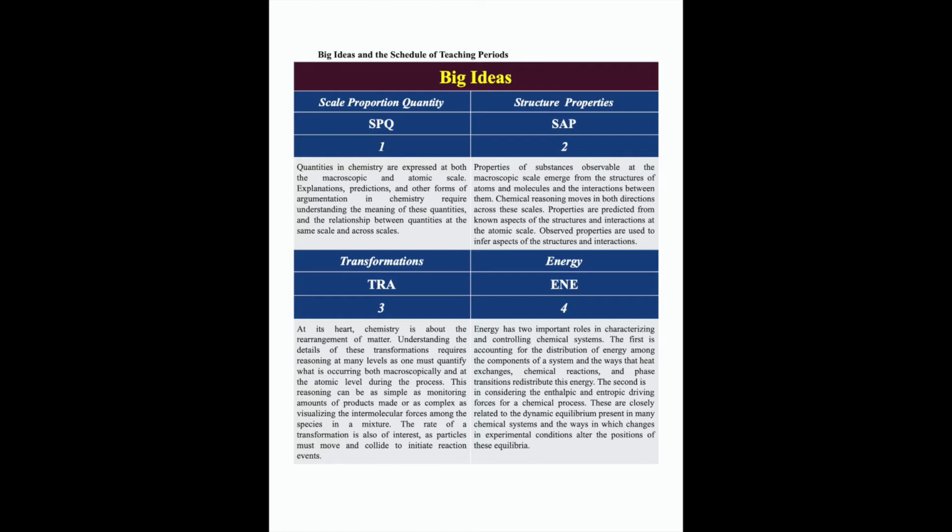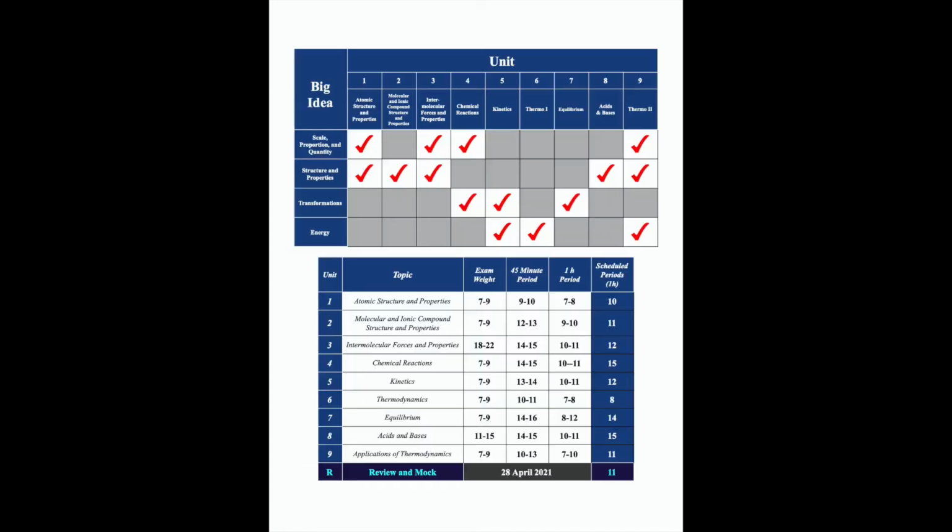And then the 9 units. Here are the big ideas that exist in each of the 9 units. So the first unit has scale, proportion and quantity, and structure and properties.